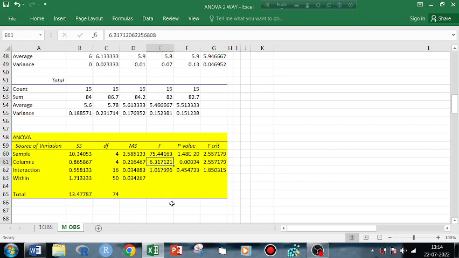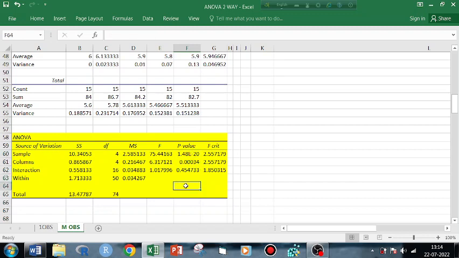Now for this one, again this F value exceeds the critical value, and so we conclude that yes, there is a significant effect due to the age group of the mothers on the birth weights of the babies. This F observed value, the interaction, this time is less than the critical value, so we have to accept the null in this case, and we conclude that there is no significant effect due to the interaction of the order of gravida and the age of the mothers on the birth weight of the babies.